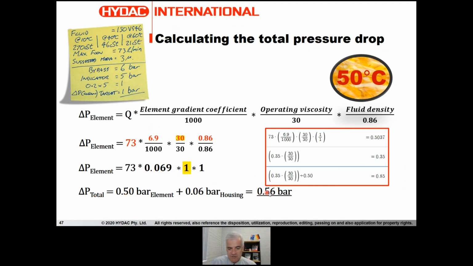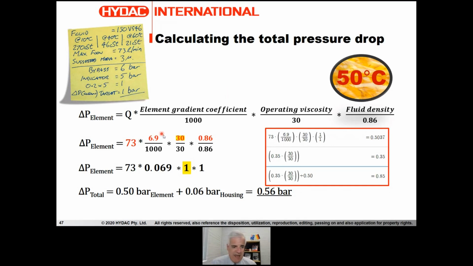We now have a total delta P clean element differential of 0.56 bar, well under our target of 1 bar. So I would suggest this indicator is below our target. We could choose one that is 1 bar, but we would most likely be bypassing at a cold start. Just hitting your indicator is, to me, a nice solution, one that will work very adequately in the field.